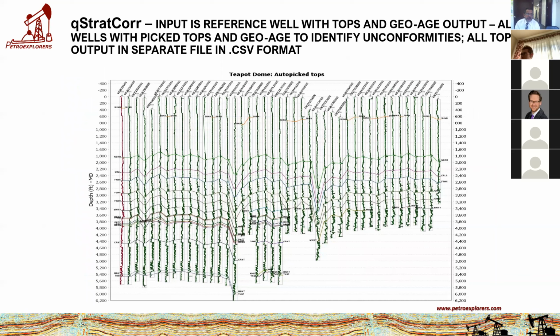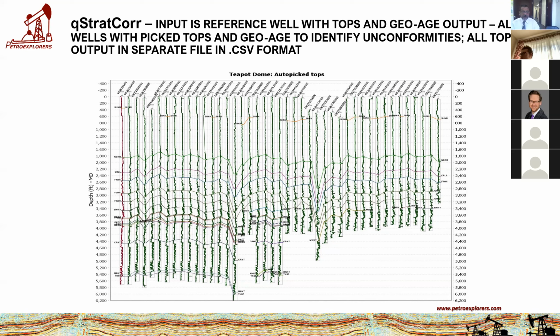Looking at the one reference well, you can see these are in the Teapot Dome data set. You have a lot of these continuing with very good picks throughout. This is just a subset of the 1,000 wells picked from one log, and we had correlation of some of the coarsening upward sequences and those various flooding surfaces up to 99% matching with the whole data set.